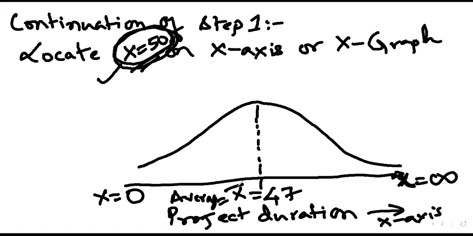Now, this is the x graph. Where do we locate 50? Is it on the right side of the graph or the left hand side? Right hand side. Why? Because 0 is here, somewhere here we have 10, 20.